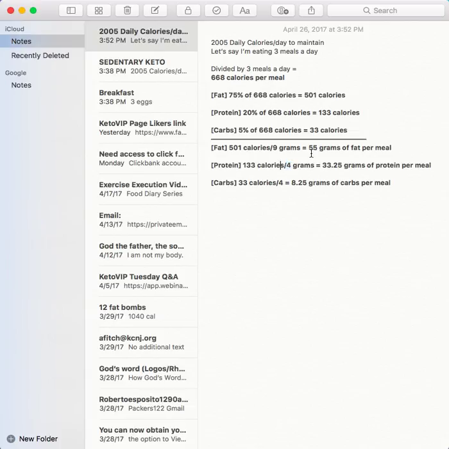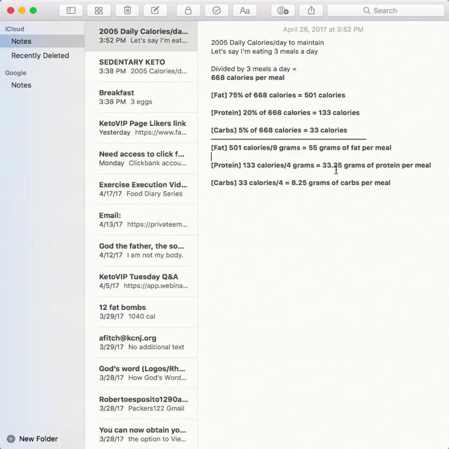And now check this out. We have taken an entire daily calorie limit with a stipulated amount of daily eating, as well as our percentages, and we have broken down very specifically the amount in grams of food per meal. How easy is it now to say, okay, I need 55 grams of fat per meal.